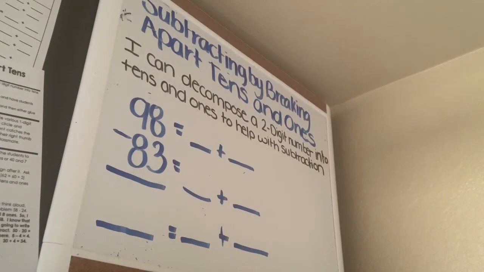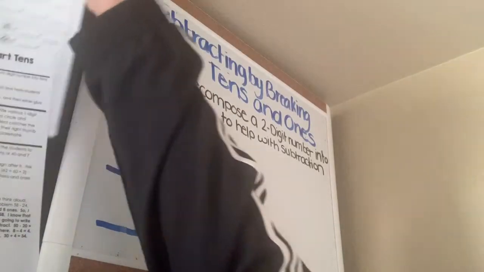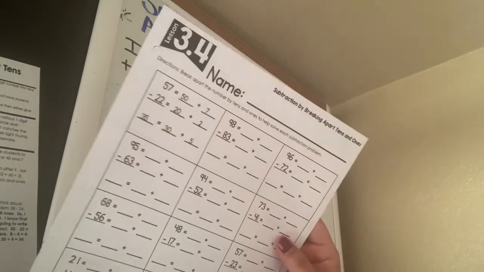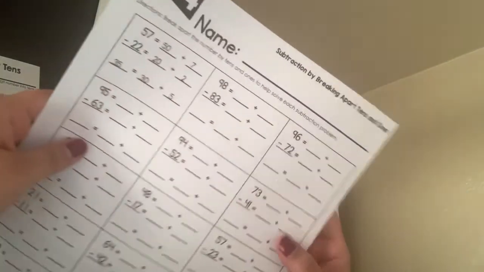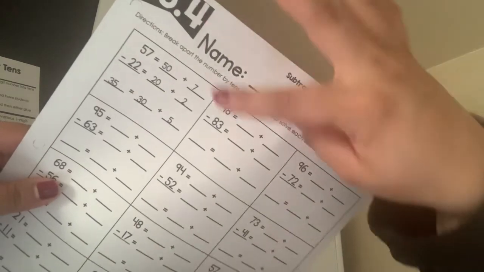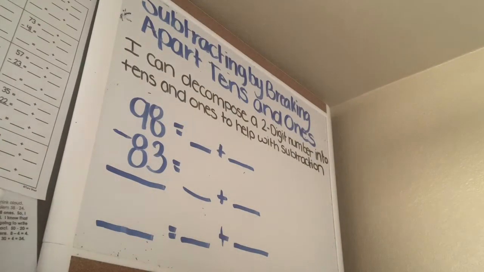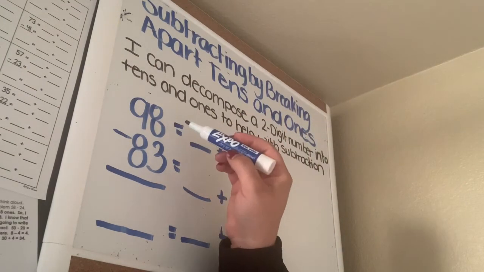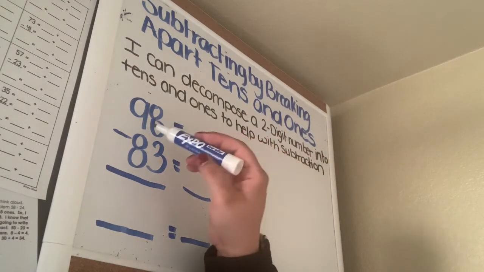Now we're going to go over some problems from our worksheet this week. So the problem I'm going to go over is 98 minus 83. So let's work on this together. Remember, we got to decompose our numbers. We got to break apart our tens and our ones.